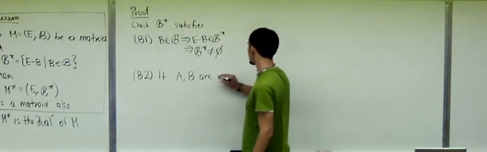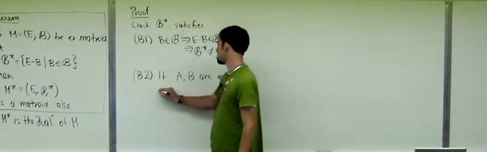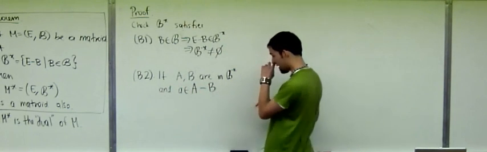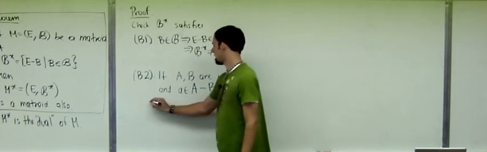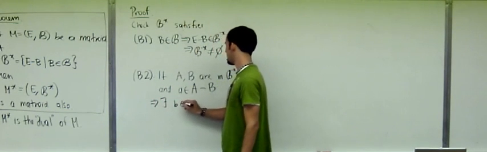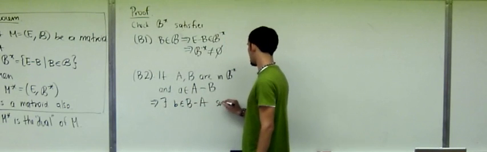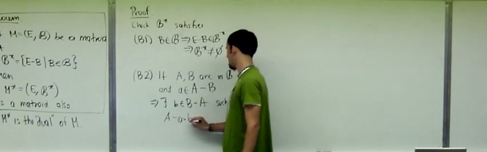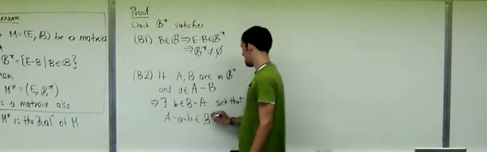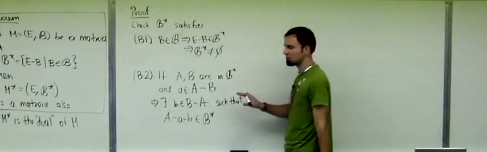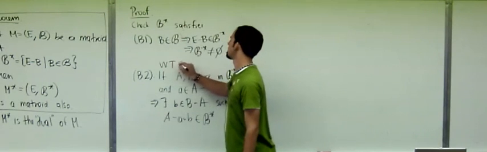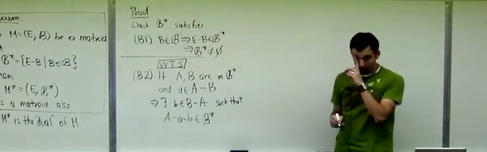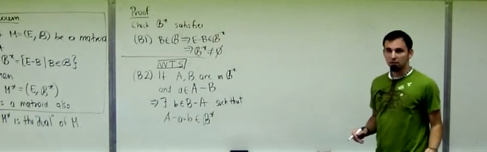If A and B are in B star, and we have an element a in A minus B, then we can find an element b in B minus A such that A minus a union b is in B star. I'm not claiming that we know this. I'm claiming this is what we want to show, right? Want to show. Okay. This is basically the definition.